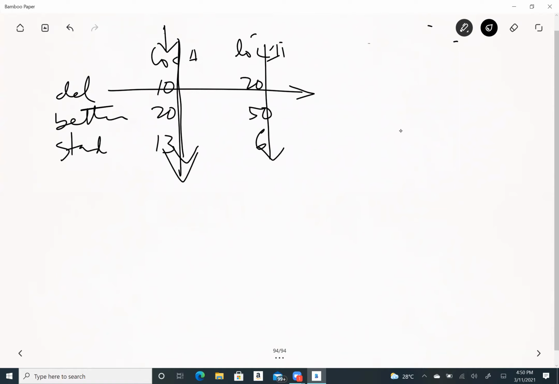The company orders how much? For the deluxe, they have 2,000, so don't put location; you have to put 2,000 deluxe here. And then for the better, they have 4,200, and for the standard, 1,200.